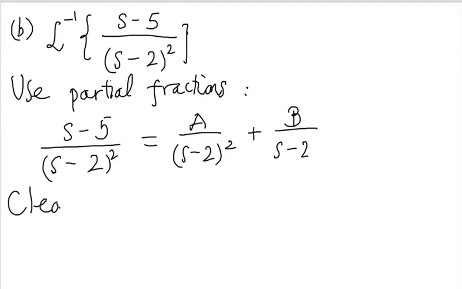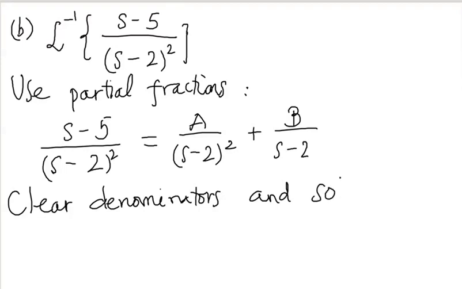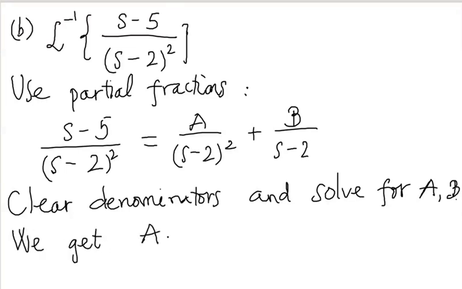Then by clearing the denominators, and solve for A and B. You may pause the video and try yourself. I'll just write down the values: A is negative 3 and B is 1.